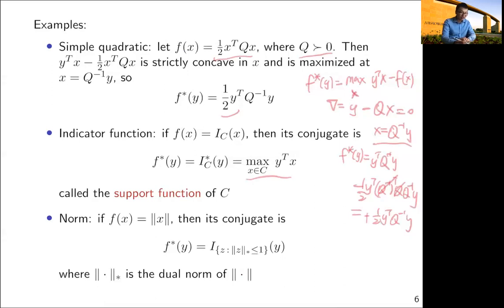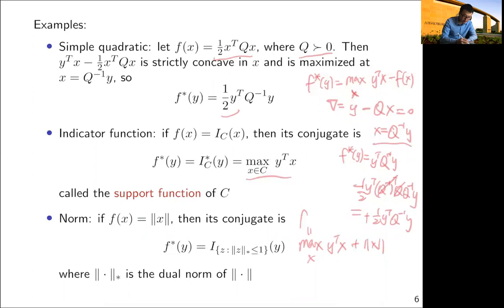Okay, so let's work it out from the other direction. Let's take f(x) to be an arbitrary norm, and then work out the conjugate of this norm function. It's going to be the maximum of y transpose x minus the norm of x.